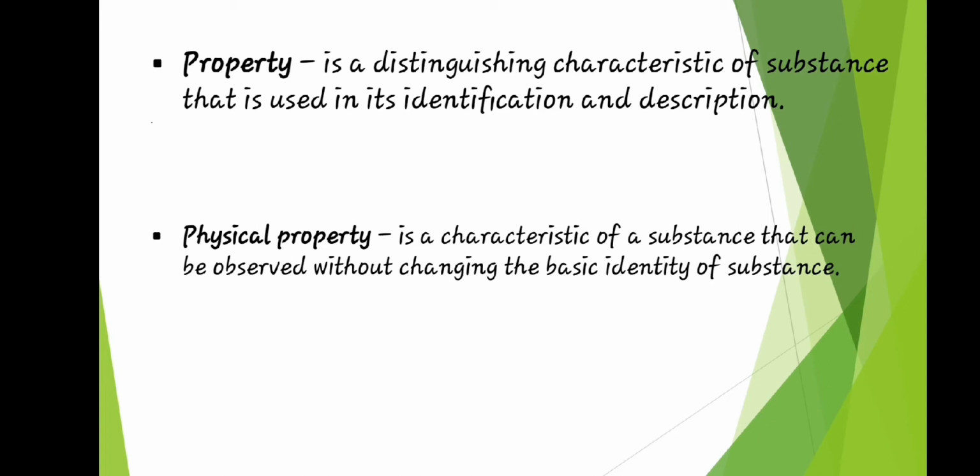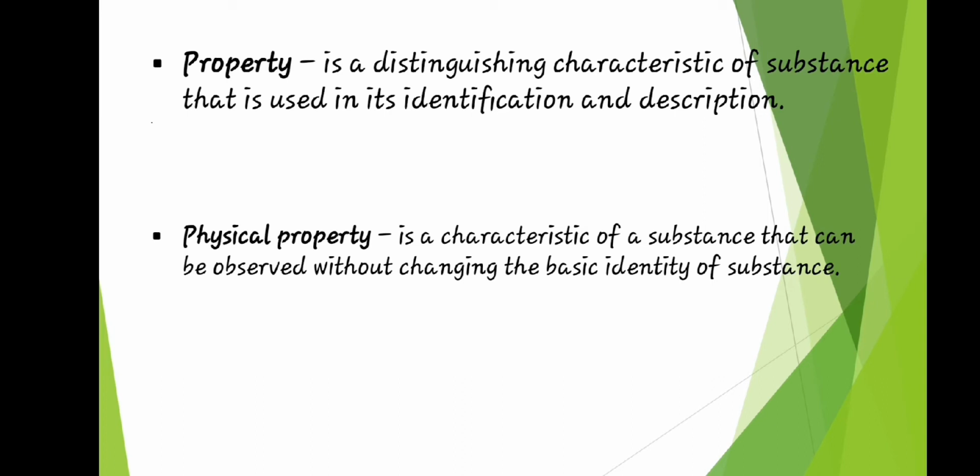Physical property is a characteristic of a substance that can be observed without changing the basic identity of the substance. Let's explain it further. Physical property focuses on density, color, hardness, melting and boiling points, or even the electrical conductivity of matter.